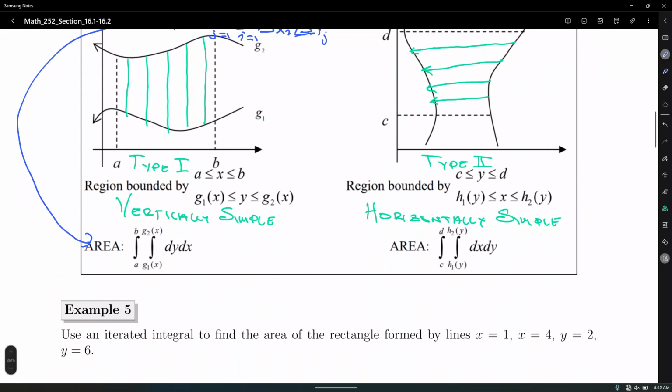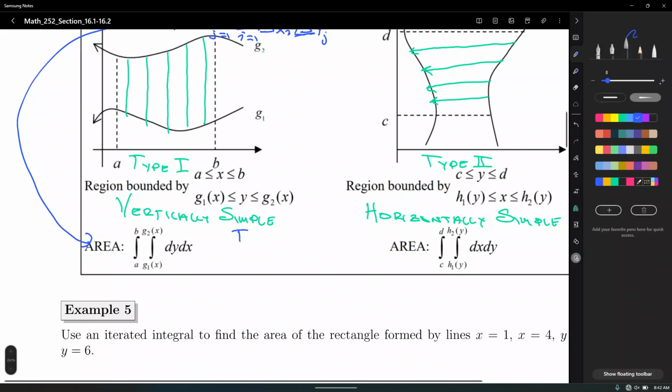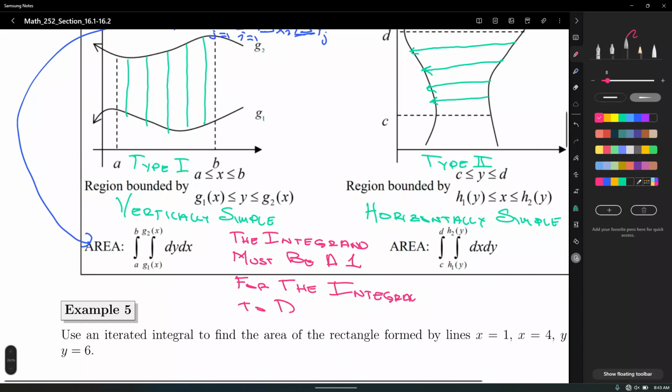The integrand must be a 1 in order for the integral to describe area.